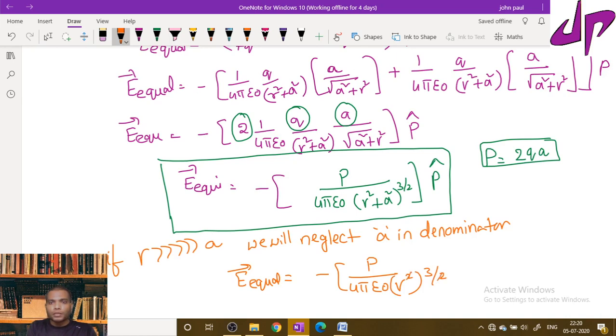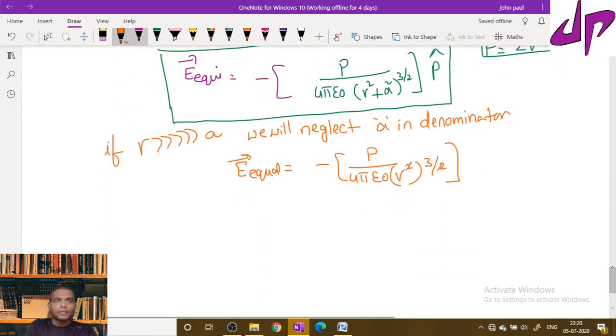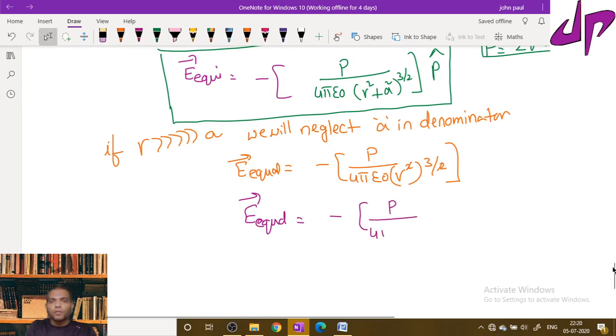If you cut these terms and simplify, the final expression is: electric field due to a dipole at an equatorial point equals negative of P upon 4 pi epsilon naught r cubed.